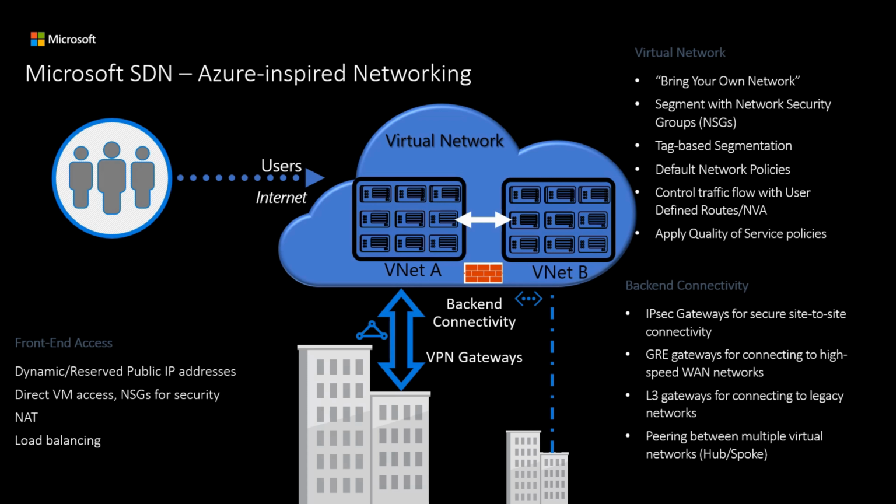We also have another feature called tag-based segmentation, which is very much like application security groups inside of Azure. So this is really great. You may be tired of having to deal with all the network constructs and the IPs and all the things that come with it. So now you can simply have a tag and you can say, hey, this tag is for infrastructure prod for SQL.